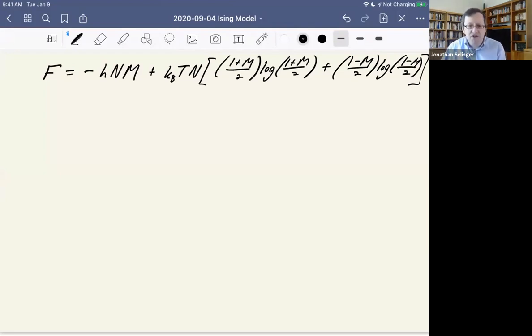You remember this is what we figured out in the last class. Looks sort of familiar. Good. So if I want to know where the minimum is, I need to find the minimum.